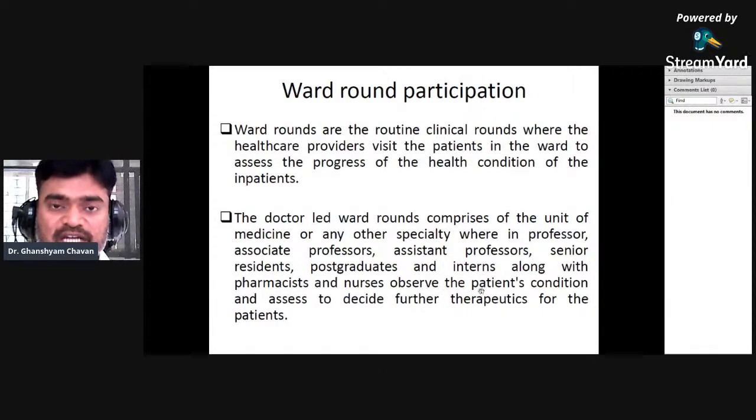They take down notes regarding the patient's status. It may be their body temperature, body weight, blood pressure, respiratory rate, oxygen conditions.